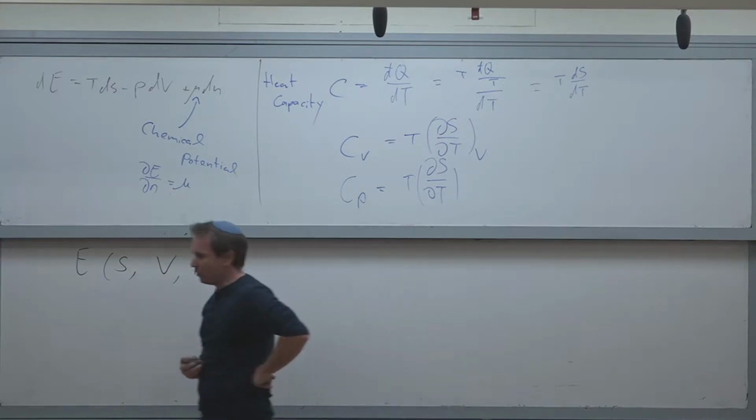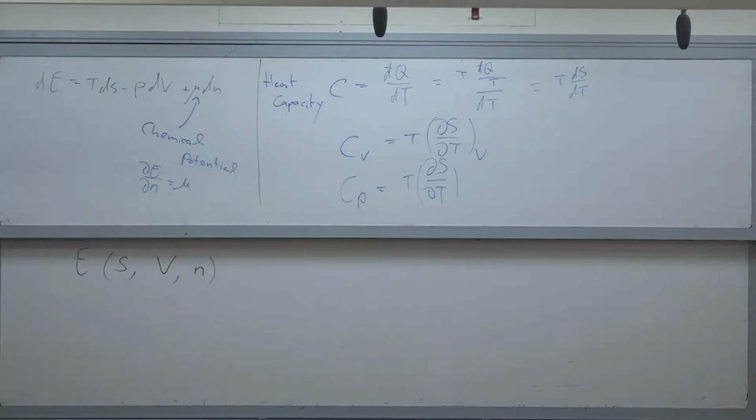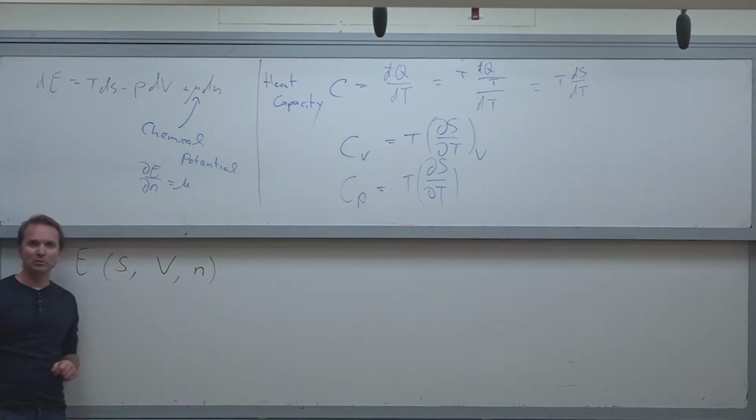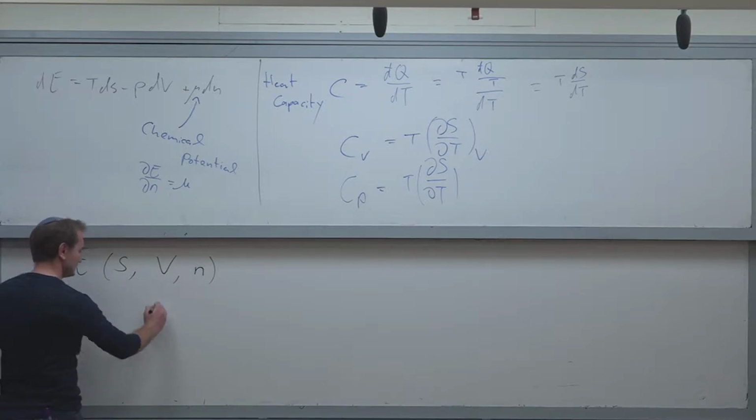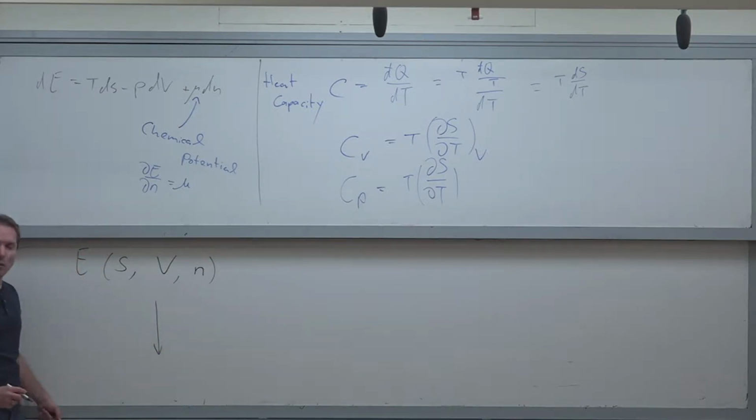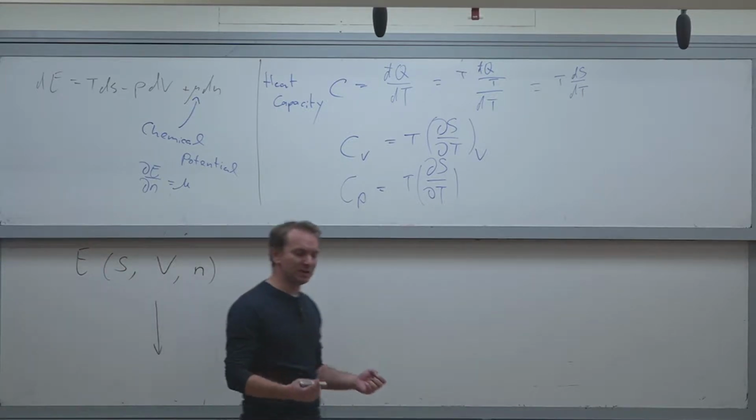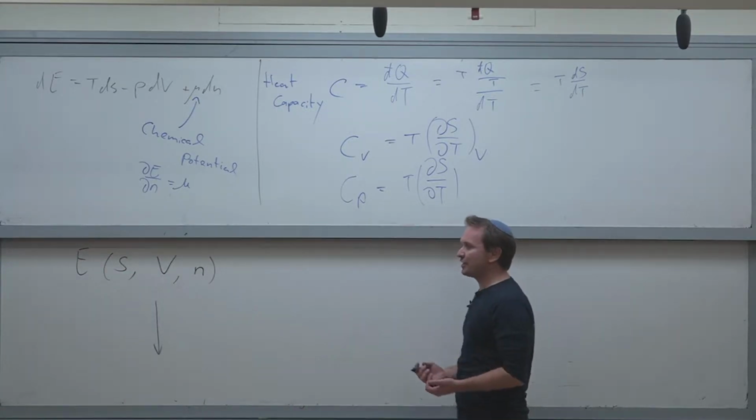Now let's think what happens if my experimentalist friend cannot control entropy. Nobody really can control entropy. He can control temperature. So I want to actually compute something using different variables.